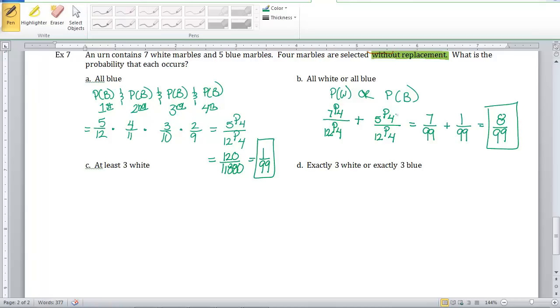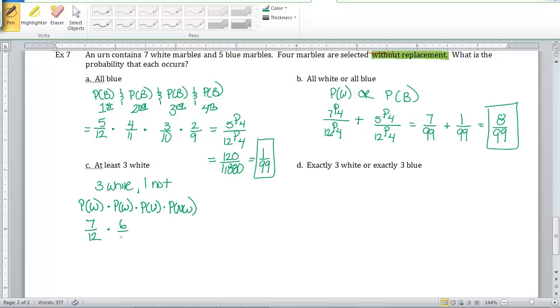Let's now look at least 3 white. Remember, at least 3 means that you would have 3 or 4 white. So you have to do situations for both. So let's start with the 3 white. So we need the probability of getting white 3 times and then a not white. Since there are 7 white over 12, the first time we would have 7 out of 12.